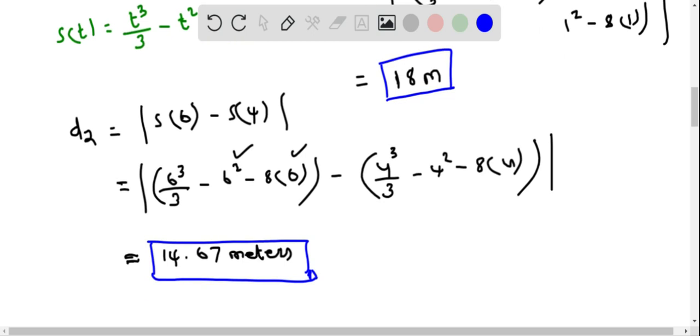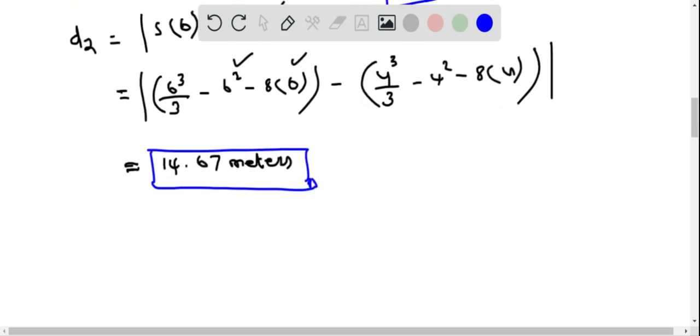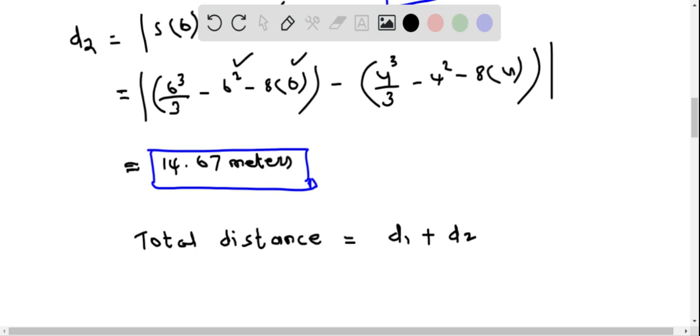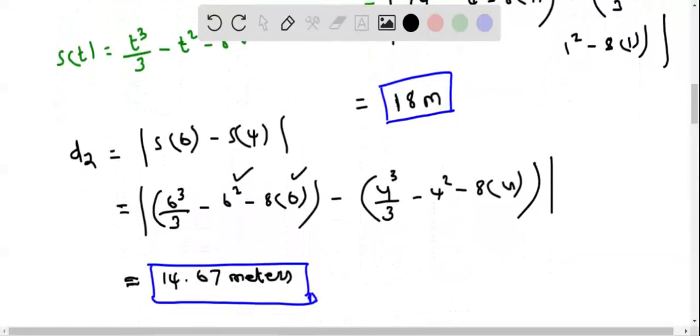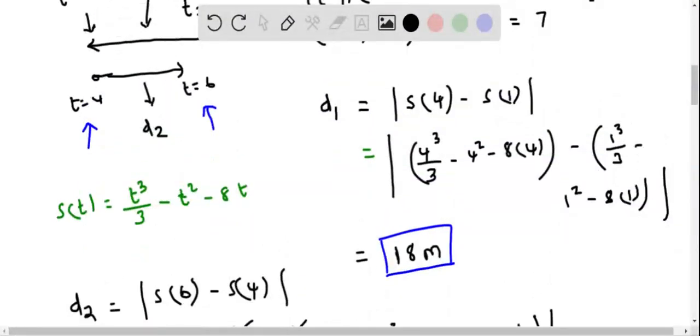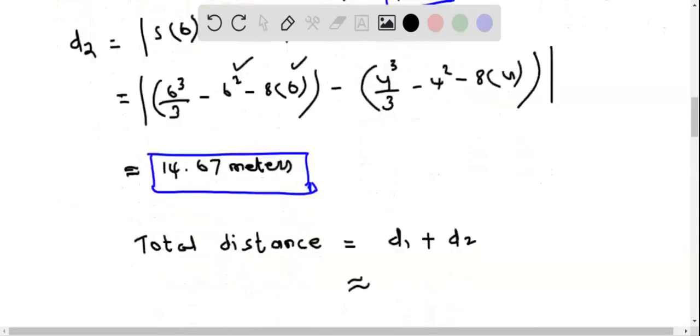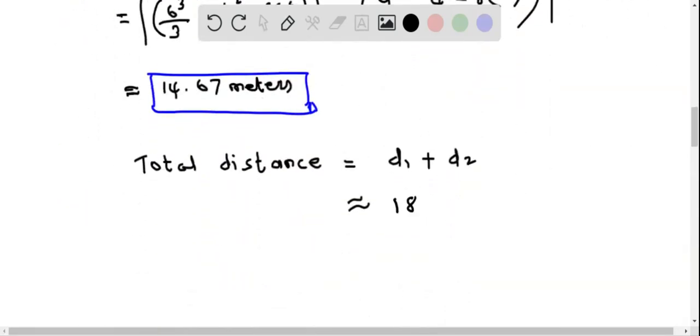Now we have to determine the total distance, which means we add the distances d1 and d2. So the total distance equals d1 plus d2. Since both are absolute values, we figured out d1 equals 18 meters, so we put 18 plus d2, which is approximately 14.67 meters.